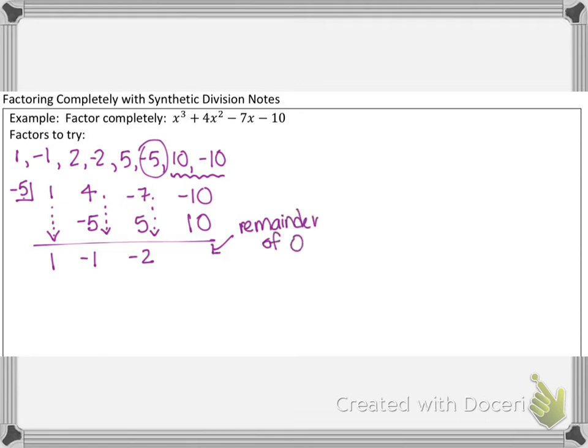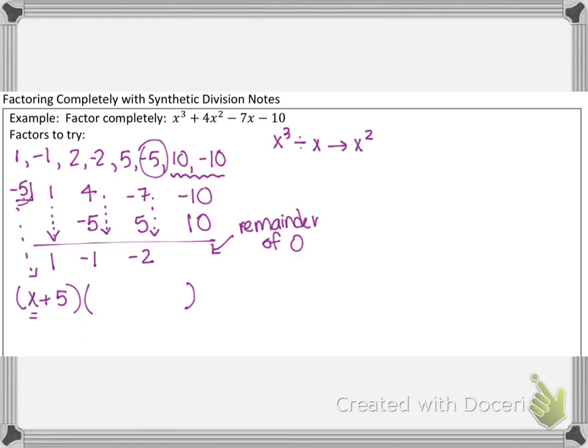So what that tells us is that x plus 5 is one of our factors. So we take that number we put on that little shelf there, change its sign, and put it into a factor. And now, since we started with an x cubed as our biggest power of x, and we divided by x plus 5, when you take x cubed divided by x, that gives you x squared.